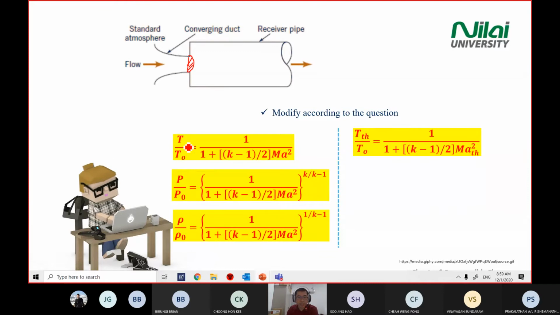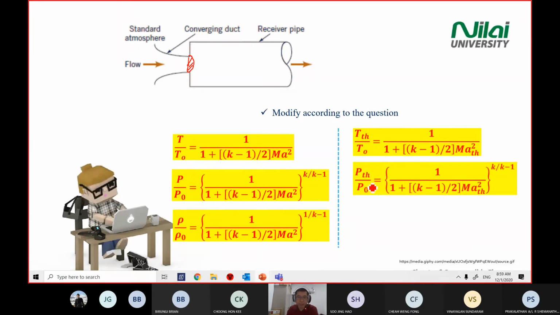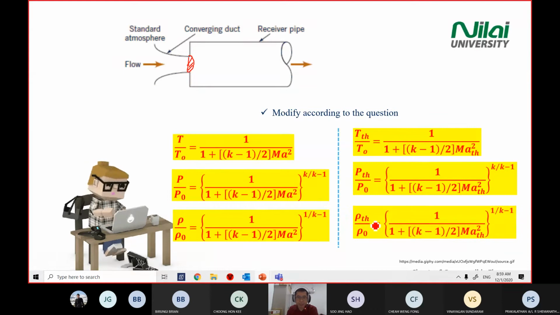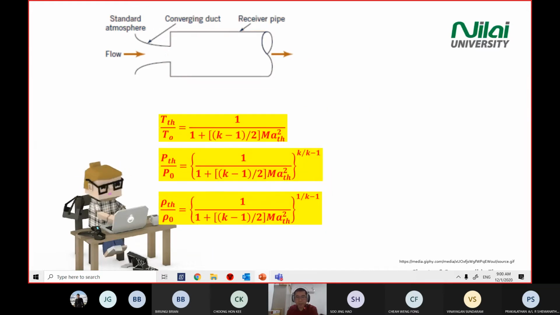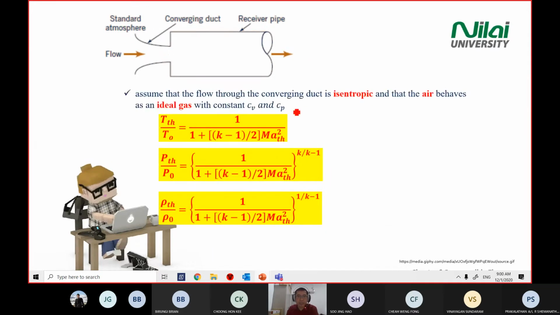So we just add the TH just below the temperature there. Same with the pressure, same with the density. So we'll just call out these three equations, then modify them a little bit, then continue with our calculation.